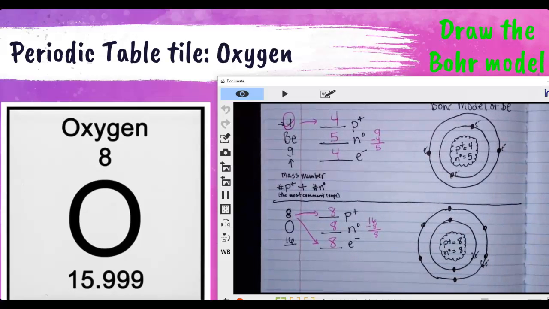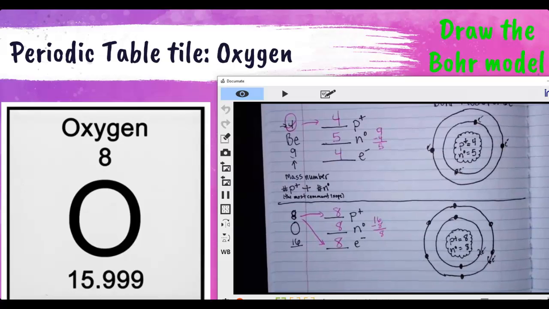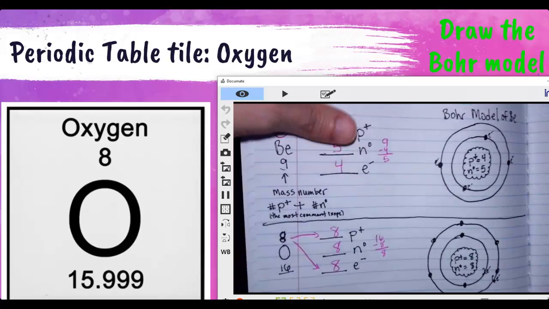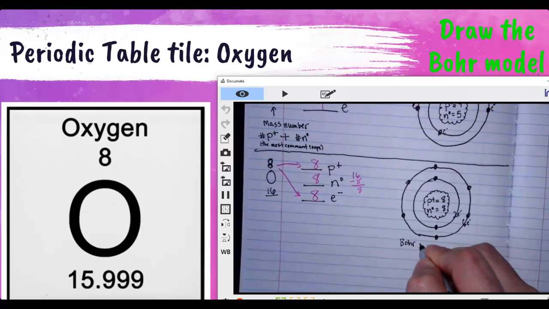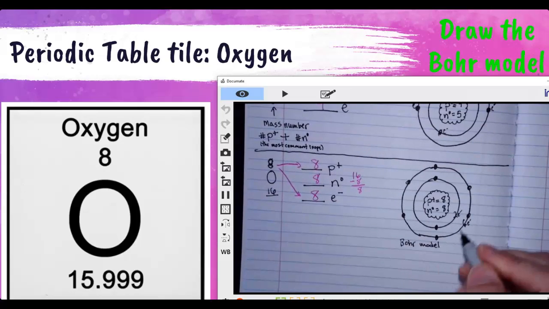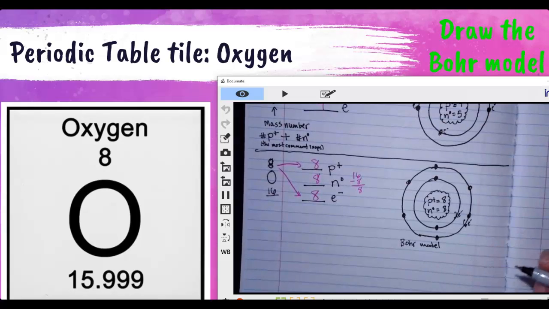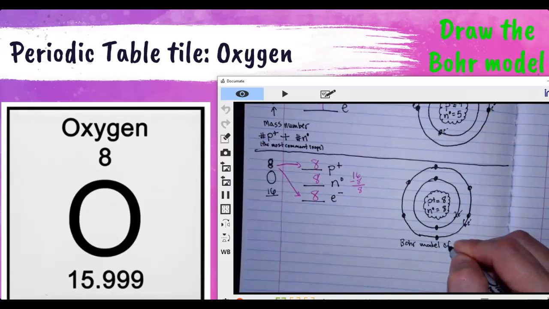All right, there we go. And so this is my Bohr model, or you could even just call it an atom drawing, but it's specifically a Bohr model of oxygen.